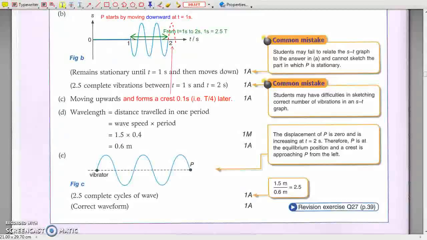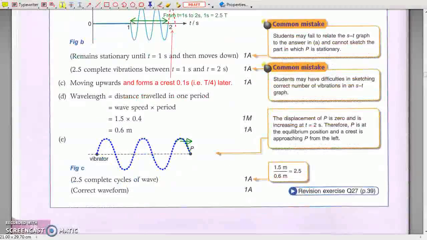As P will go upward soon afterwards, there should be a crest approaching P, and hence you may sketch the displacement distance graph in this way. Do check point 7 on the next page.